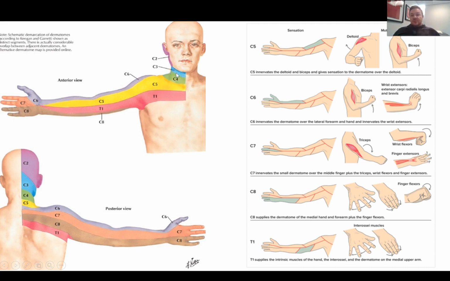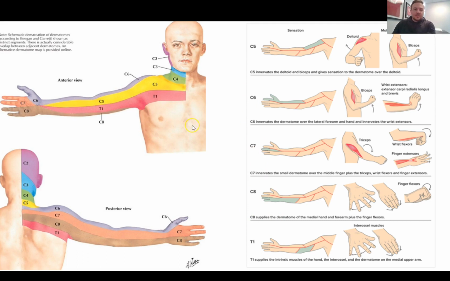It's like, well, you have to do tests to figure that out, and you guys know tests to figure that out. You just have to break it down. So of course, those are your dermatome patterns, and then you have your myotome patterns. And this is a good chart, I think, of helping you break down C5, 6, 7, 8, T1 in terms of the testing you would do.